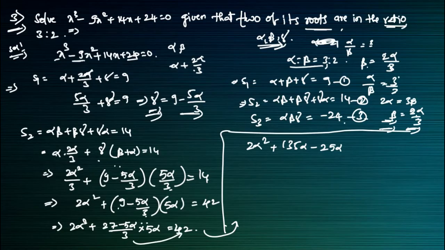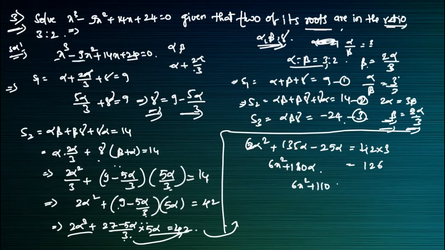So it becomes 126, and 6 alpha square plus 135 alpha minus 25 alpha is equal to 110 alpha. So here this one, 6 alpha square plus 110 alpha minus 126 is equal to 0.